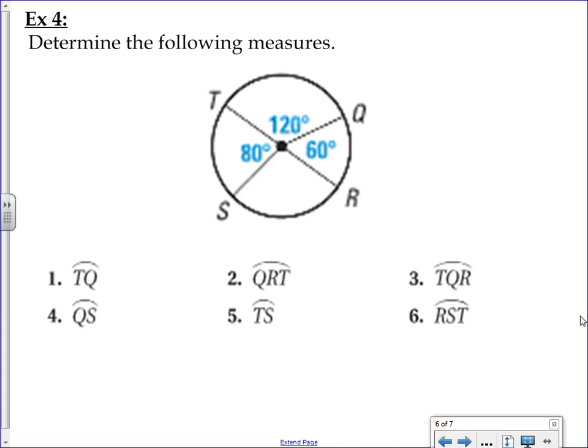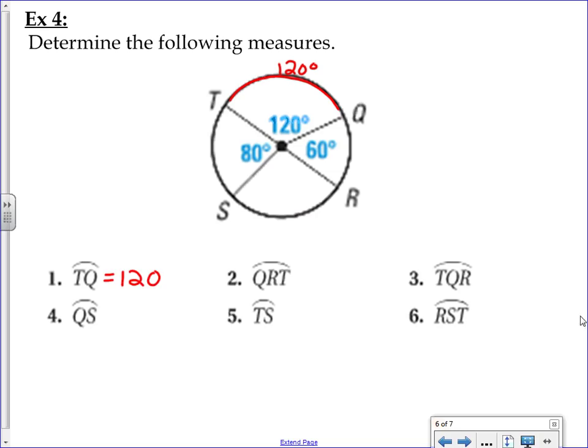So here I have a few central angles. They're actually already labeled with degrees for us, and we're just going to find the following arc measures. So if you start with TQ, TQ is a minor arc. It's going to be the same as 120, because that's the corresponding central angle.